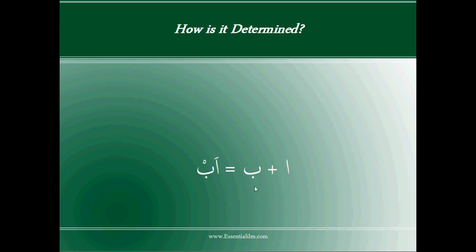And on that letter you put a sakin, or you could put a shadda, but in this case we're going to put a sakin. So you see, the ba has a sakin, and before it the alif with a fatha.